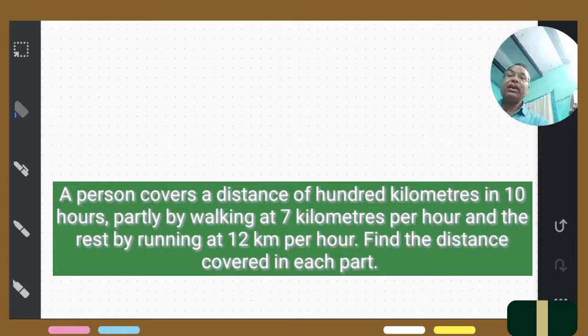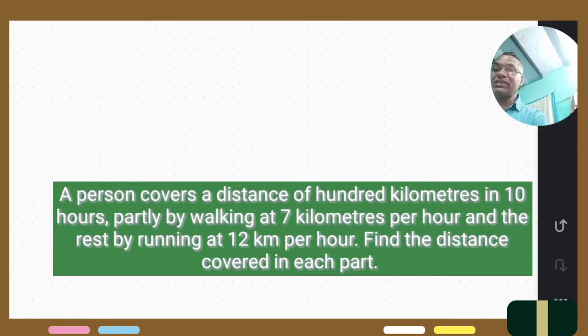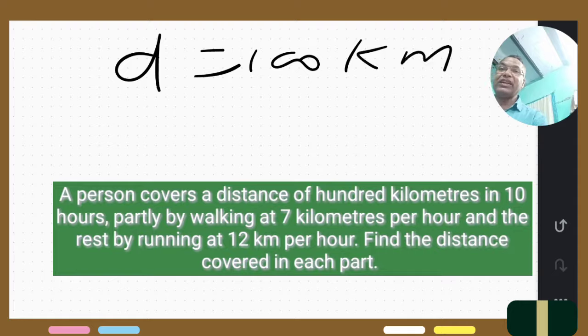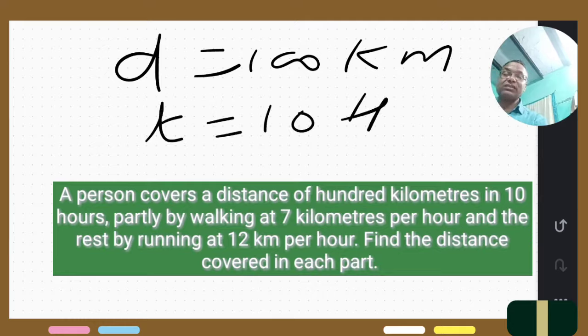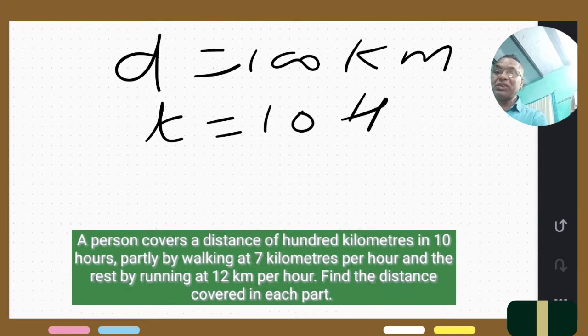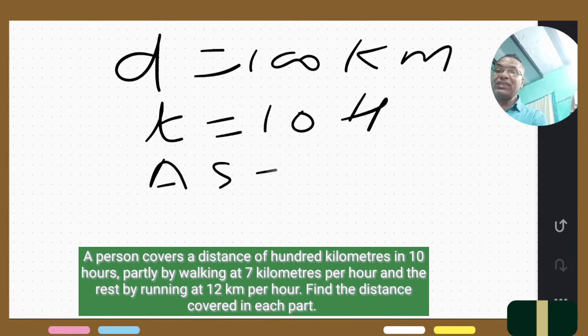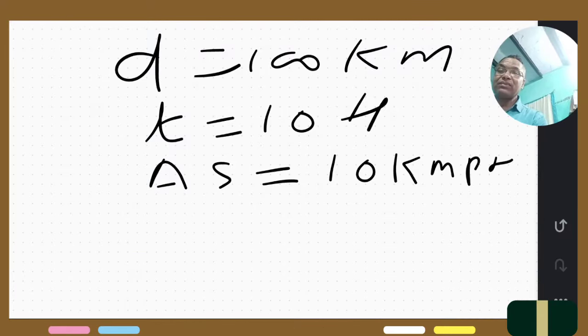Means a person covers a distance D of 100 kilometers. Time T is 10 hours. So the average speed comes 100 divided by 10, 10 kilometers per hour.